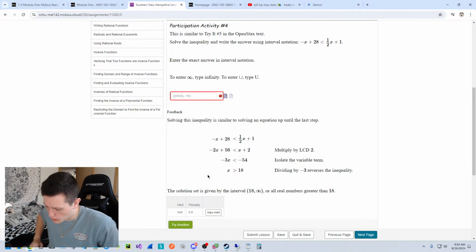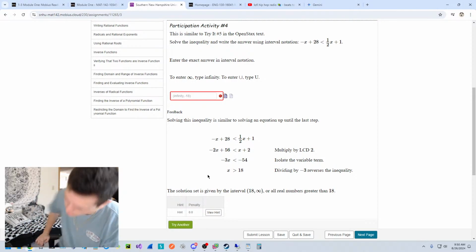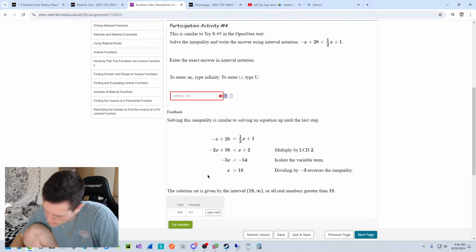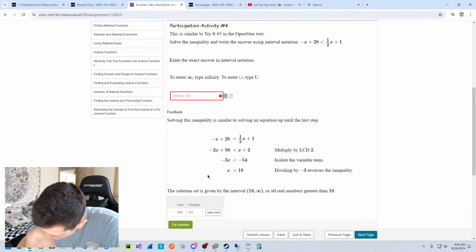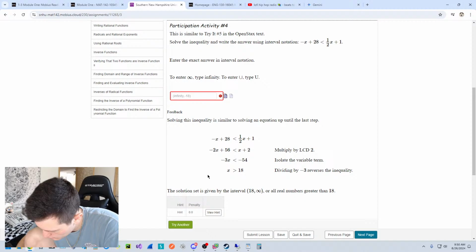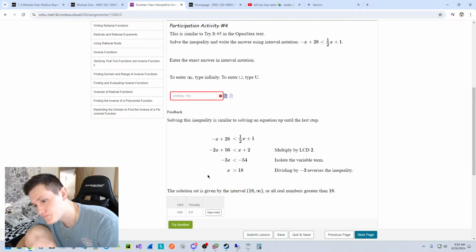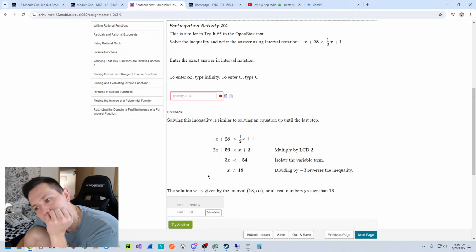So it was actually positive 18, which, oh, becomes 54. I see what I did wrong.